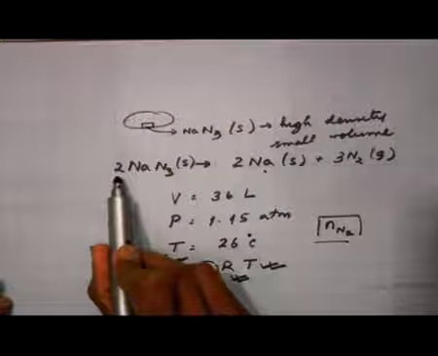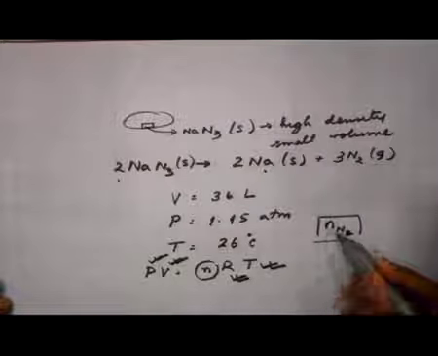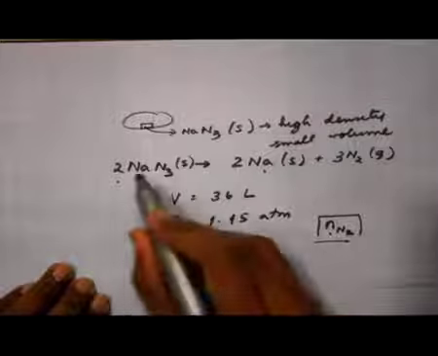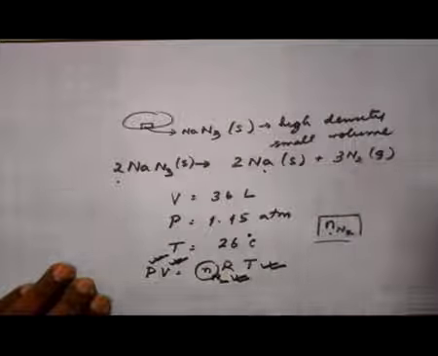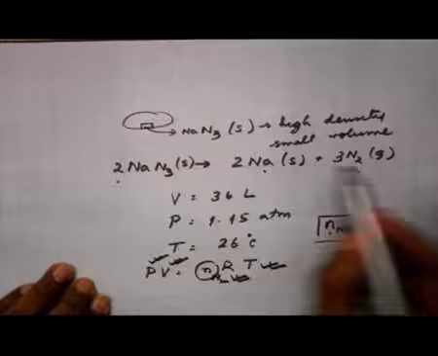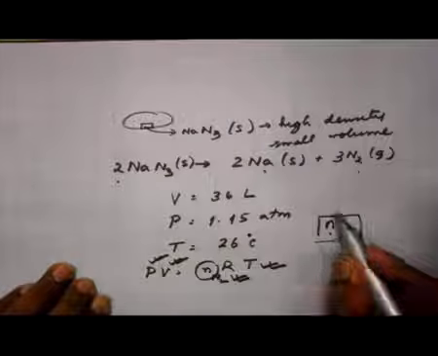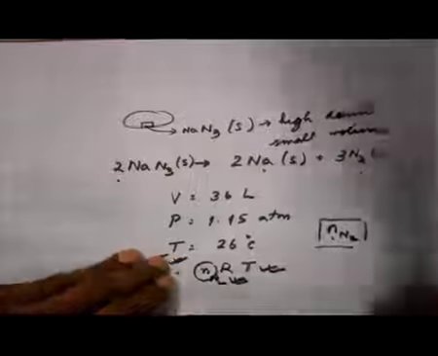So, from the ideal gas equation of state, we determine the number of moles of nitrogen, and we know that for 2 moles of sodium azide, we get 3 moles of nitrogen, or you work backwards, 3 moles of nitrogen are obtained from 2 moles of sodium azide. So, for n moles of nitrogen, how many moles of sodium azide do we need, right.